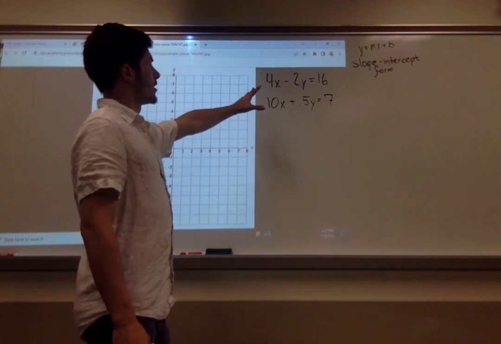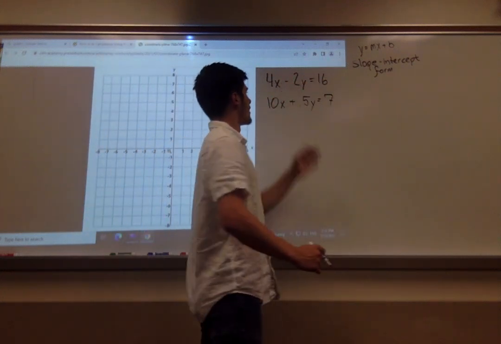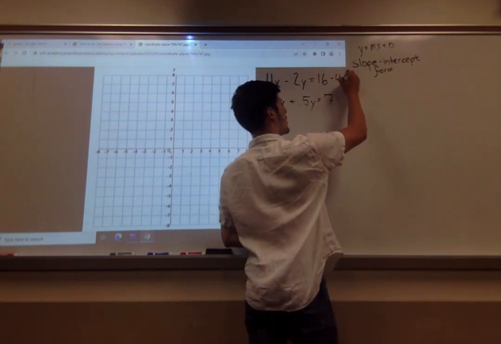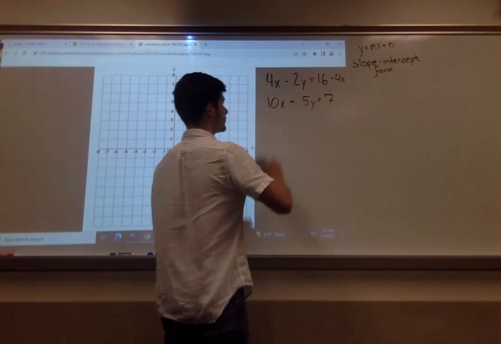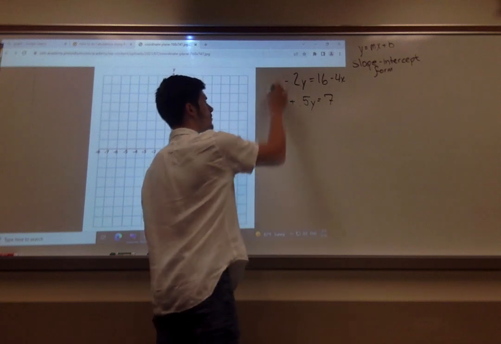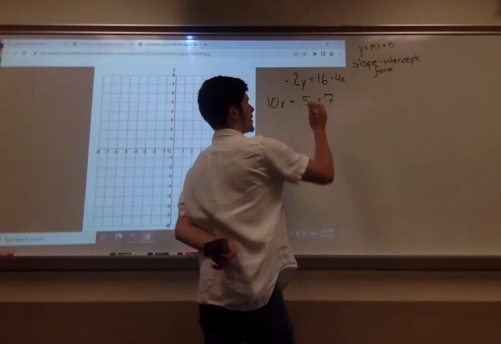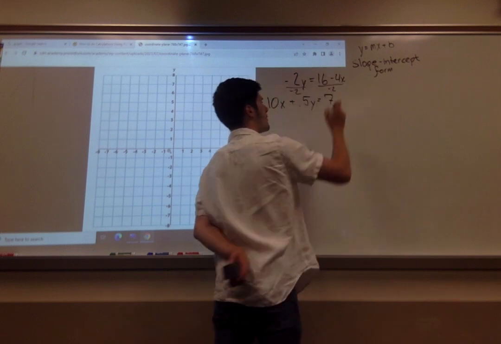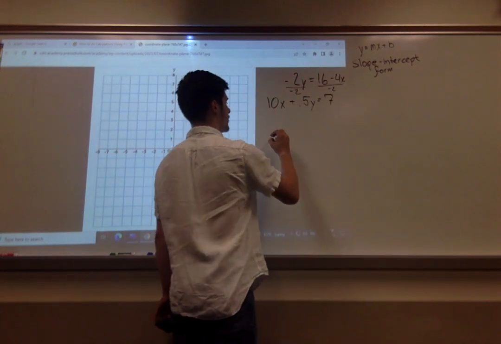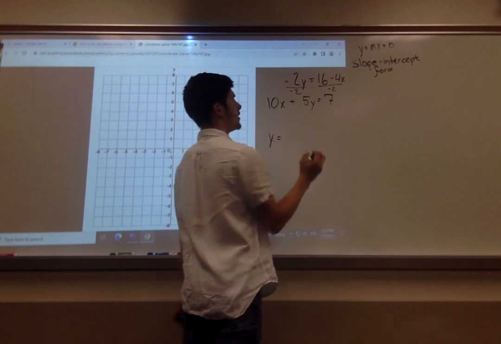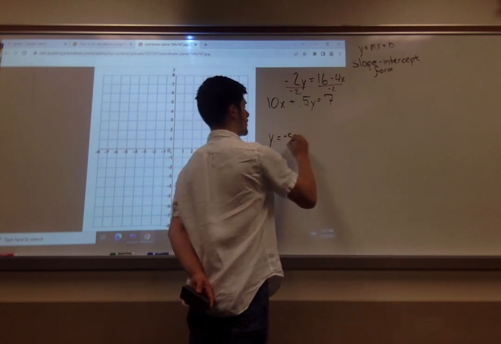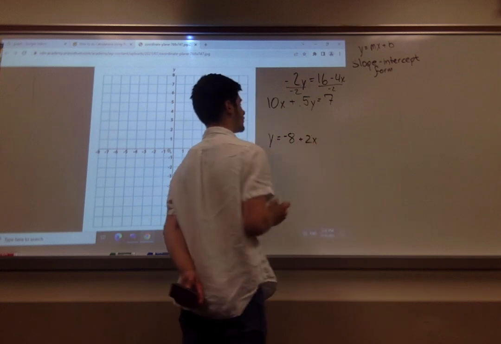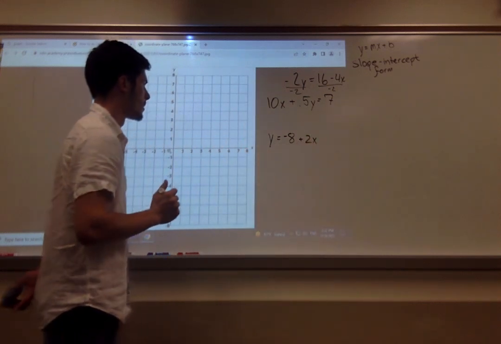To get it into that form, we subtract 4x from both sides, so we have negative 4x. And then we can divide everything by negative 2. So we end up with y equals negative 8 plus 2x for that first equation.